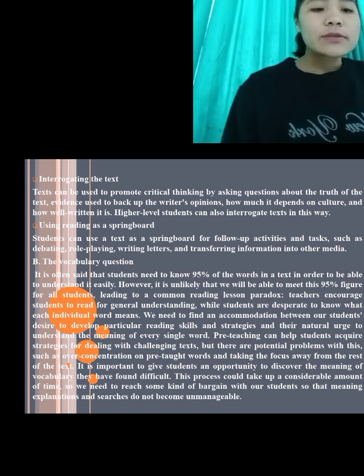It is important to give students an opportunity to discover the meaning of the vocabulary they have found difficult. This process could take up a considerable amount of time. So, we need to reach some kind of bargain with our students so that meaning explanations and searches do not become unmanageable.